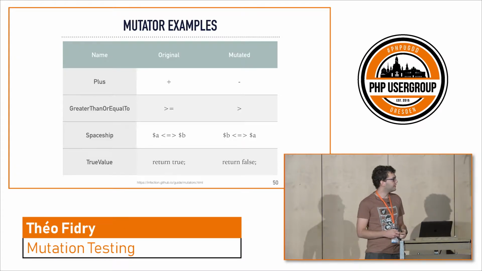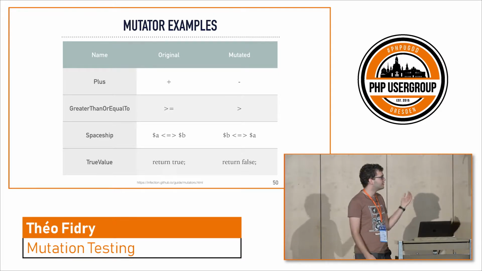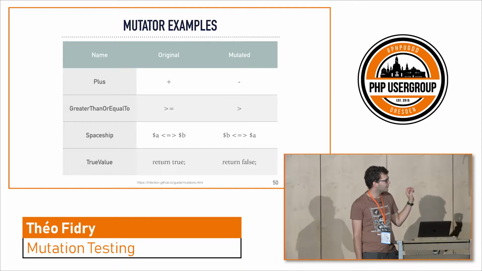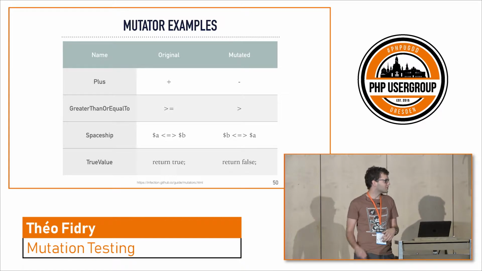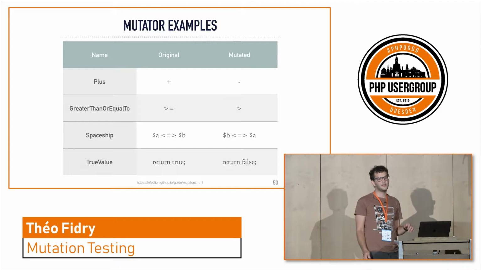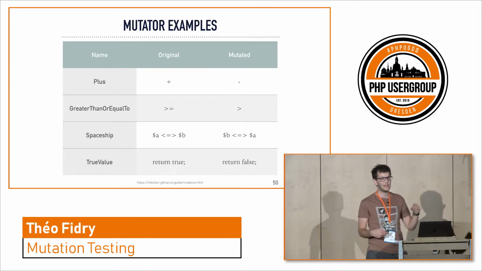You can see other examples of mutators: transforming a plus into a minus, swapping the spaceship operator, transforming return true to return false, and there are tons more. It depends on the mutation testing tool and the language you're using, but that's the idea. They're very basic transformations like that.